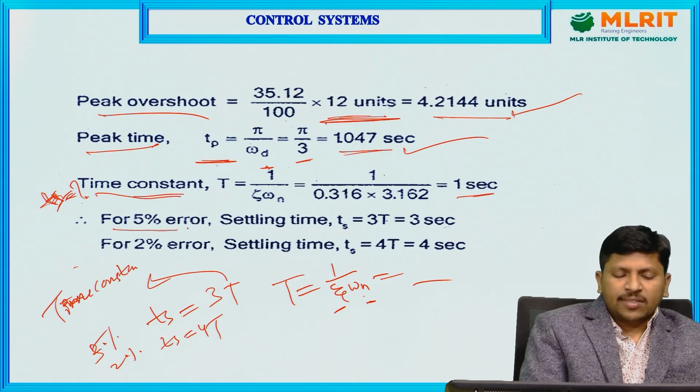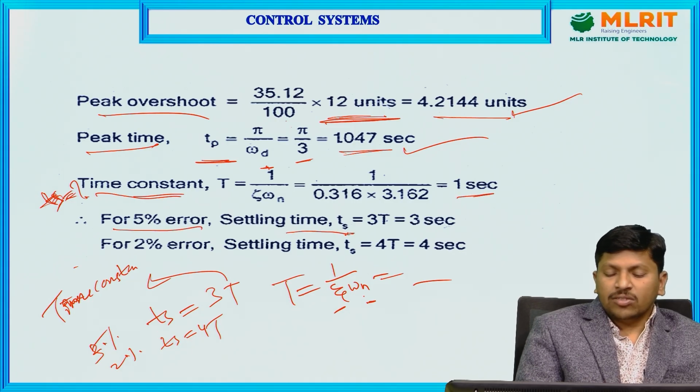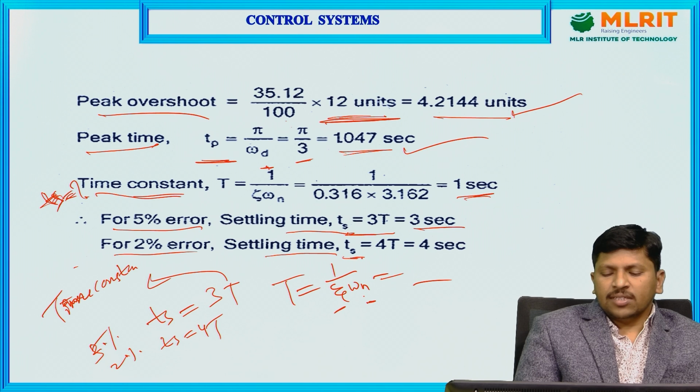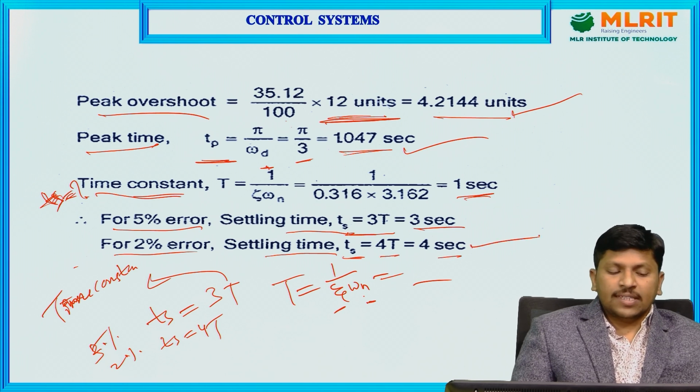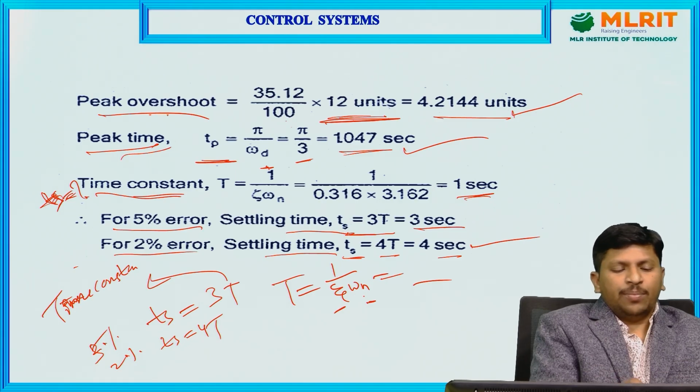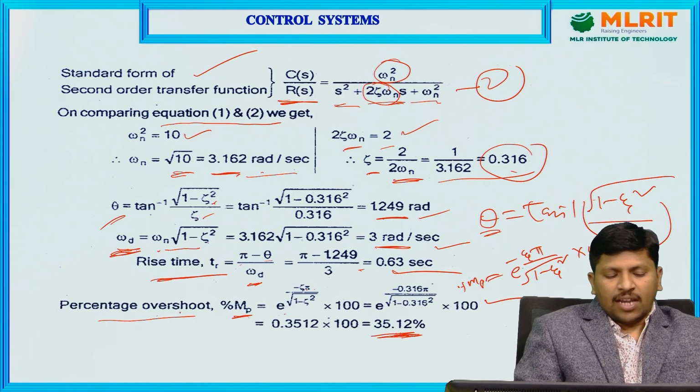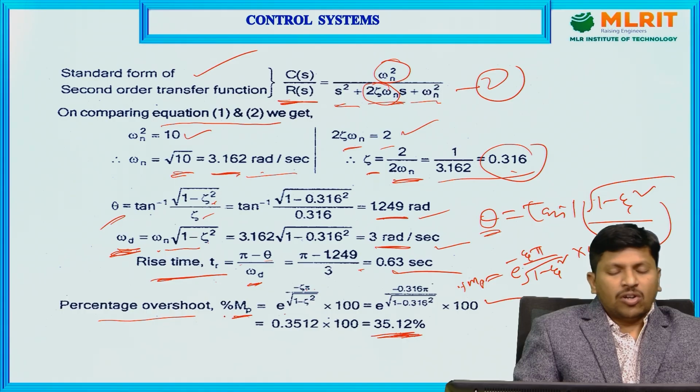For 5 percent error, settling time ts equals 3T, 3 into 1 second, so 3 seconds. For 2 percent error, ts equals 4T, 4 into 1 second, that is 4 seconds. All of these, the time constant, settling time, peak time, peak overshoot, and rise time, are calculated.